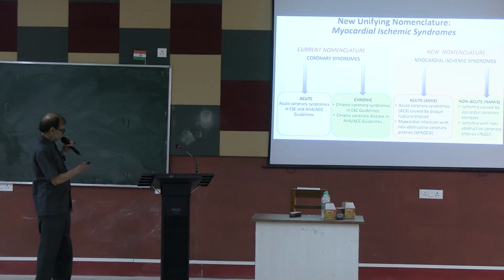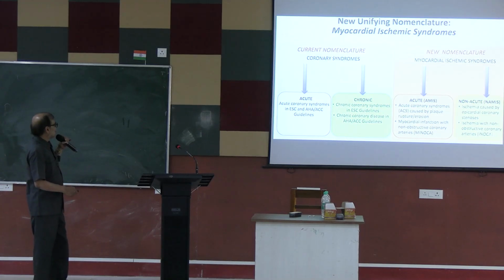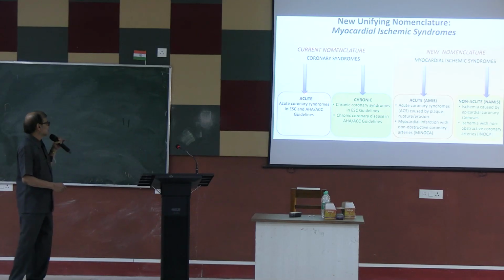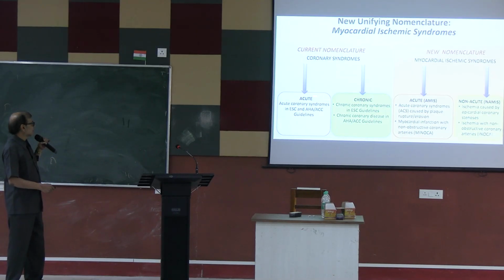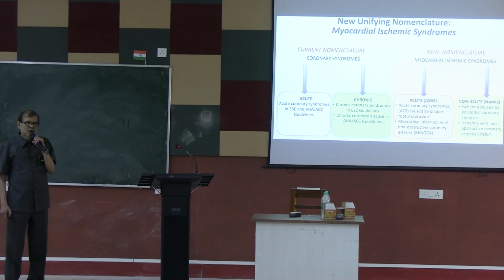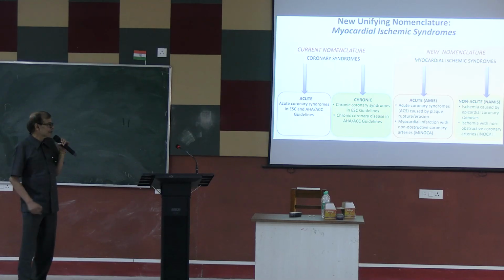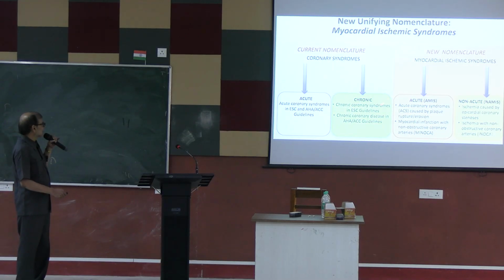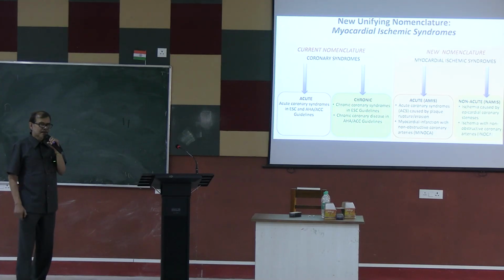Current nomenclature: acute and chronic. Acute means acute coronary syndrome, which will be discussed later. Second is chronic, chronic coronary syndromes, chronic coronary disease, for example chronic stable angina.